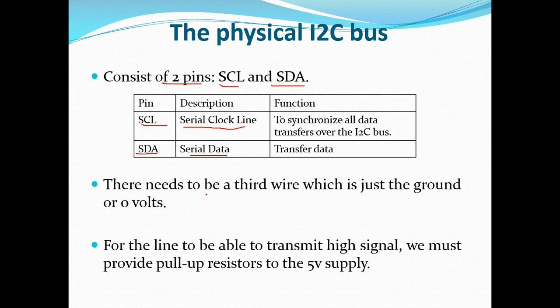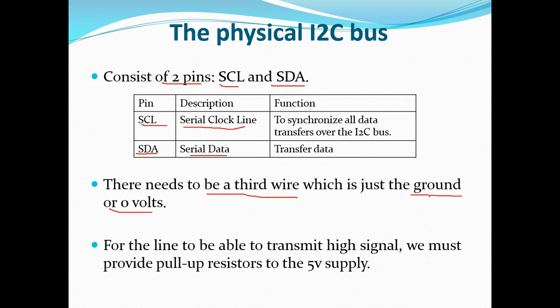There needs to be a third wire, which is just the ground or 0 volt. So you must share the same ground. This is very common: when you do electronics, the grounding must be the same. When you do analog input in hardware, but unluckily this semester you don't do the hardware PBL, if you're not sharing the same ground, that means you do not have the same voltage supply.